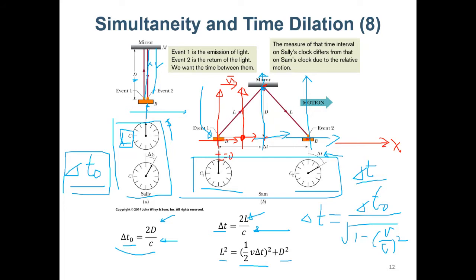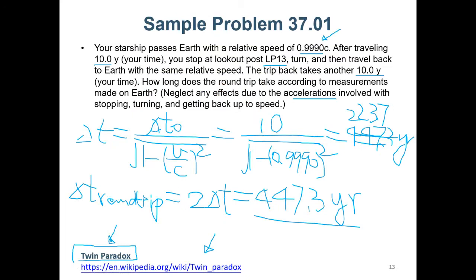But for this one, the object goes straight, so that it needs two synchronous clocks to measure the total time. So this is the tricky part of the twin paradox.